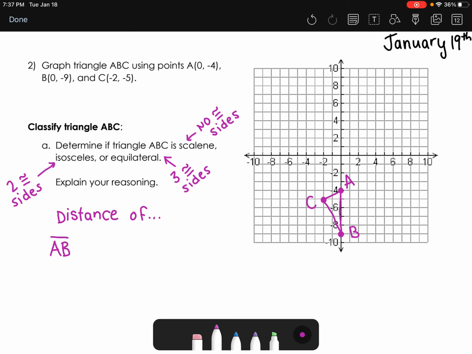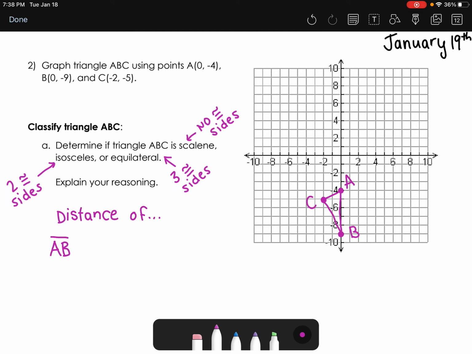Now, how can I find the distance? I can find the distance by either counting the boxes myself, okay? Or I can use Pythagorean theorem if I want to make a right triangle, or I can use the distance formula. Okay, so those are the 3 methods that we could use to find.